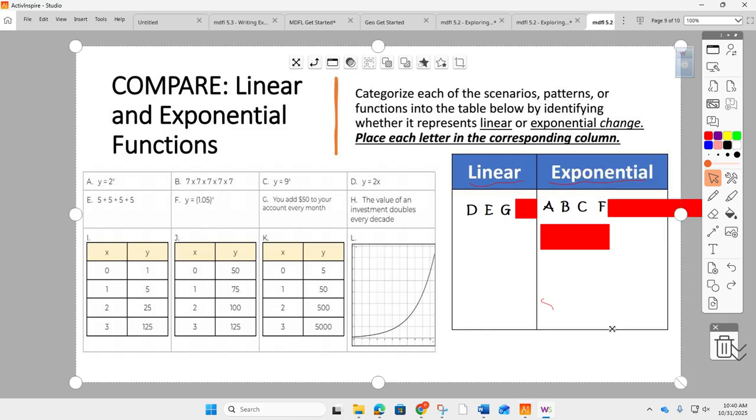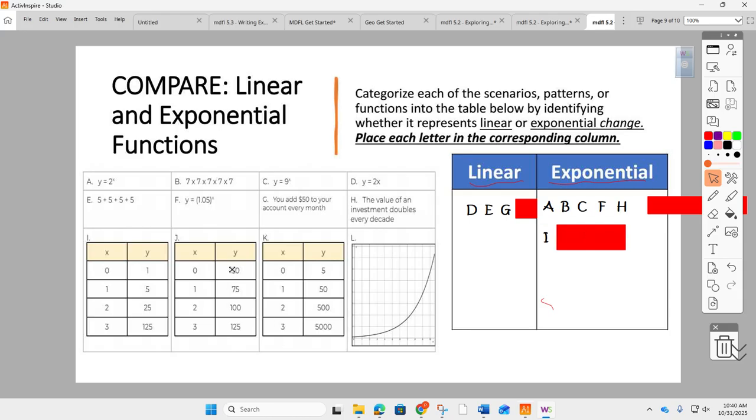H would be exponential. I, how are the y's increasing? Are we adding the same amount or are we multiplying by something? So is I going to be exponential or linear? What is the growth factor? Times 5, times 5, times 5, right? How about J? Is that linear or exponential?